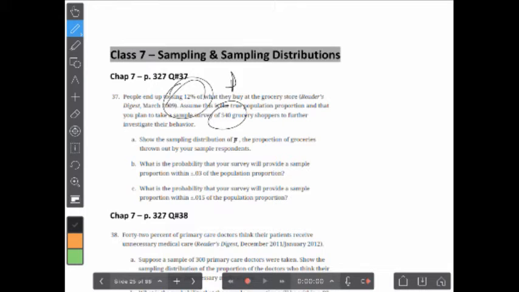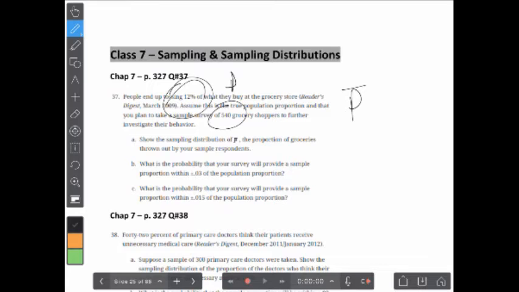Because we're dealing with a population proportion, whenever we take a sample proportion, the sampling distribution of the sample proportion could be a normal distribution. But before we claim that, we need to test whether the conditions for normality are satisfied.